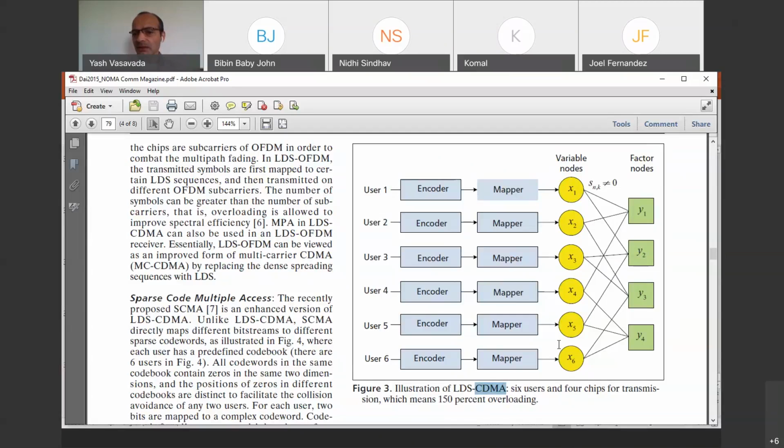So this is a graphical representation of what different users' signature sequences look like. One departure from what you have done in Lab 4 is that the signature sequences can take values of 1 and -1, but they additionally can take values of 0. User 1's signature sequence, for example, could be 1, -1, 0, 0. User 2 could be -1, 0, -1, 0.